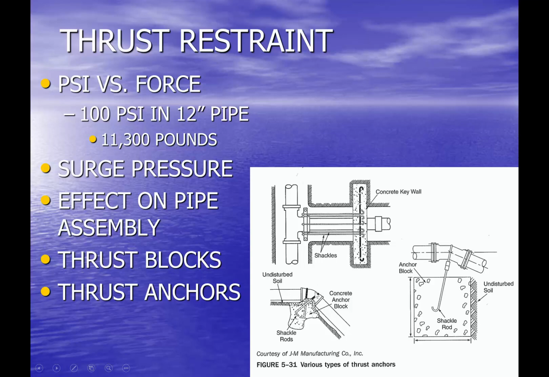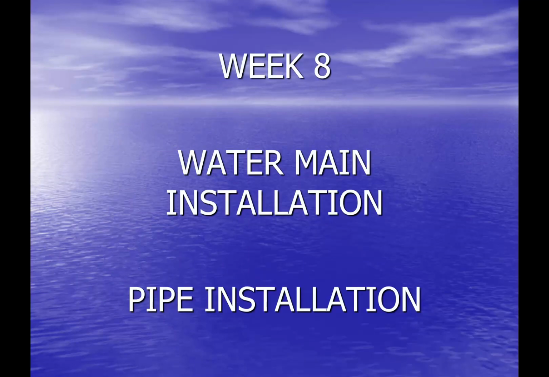The anchor goes up and over the fitting and then is secured within that mass of concrete. So it does essentially the same thing, just a slightly different animal depending on the nature of the application itself. So that is the discussion of some of the topics specifically associated with pipeline installation.